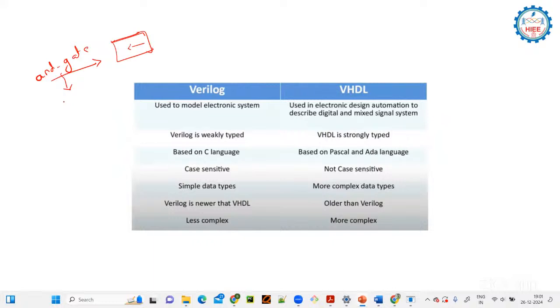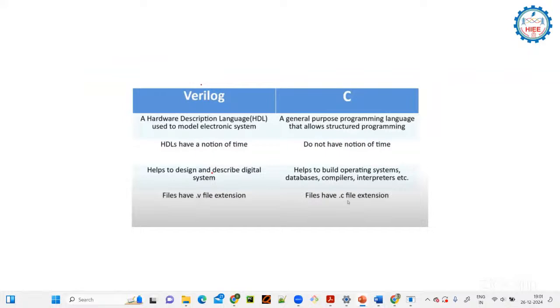Now let us see what the difference is between our Verilog language and our traditional languages. Traditional languages like C are used for general purpose programming, which can be used to build databases, operating systems, compilers, interpreters, and a lot of other systems.